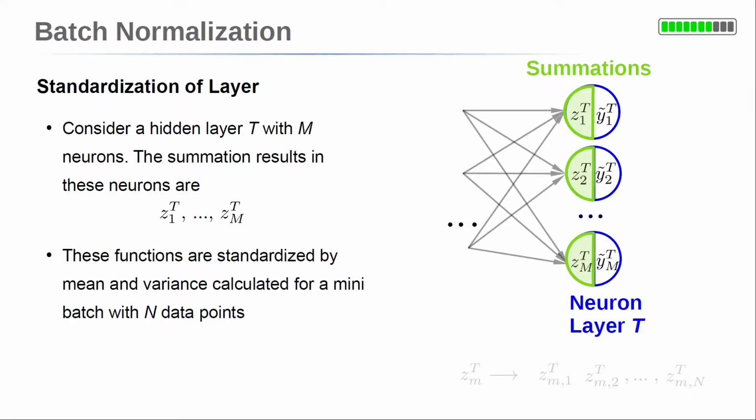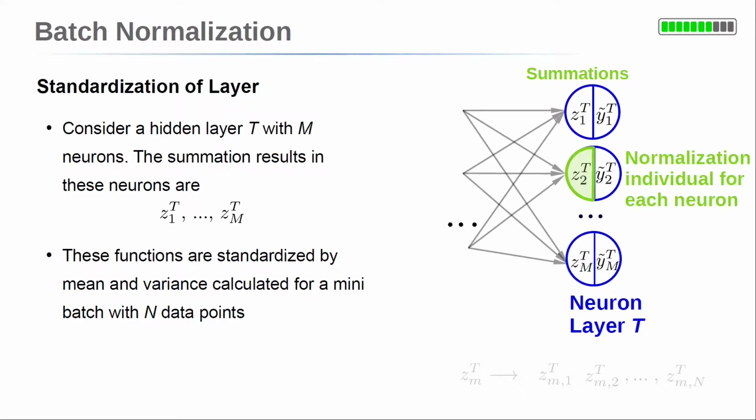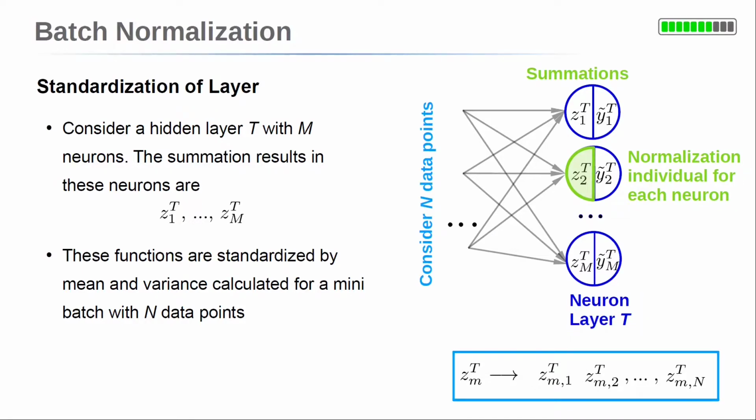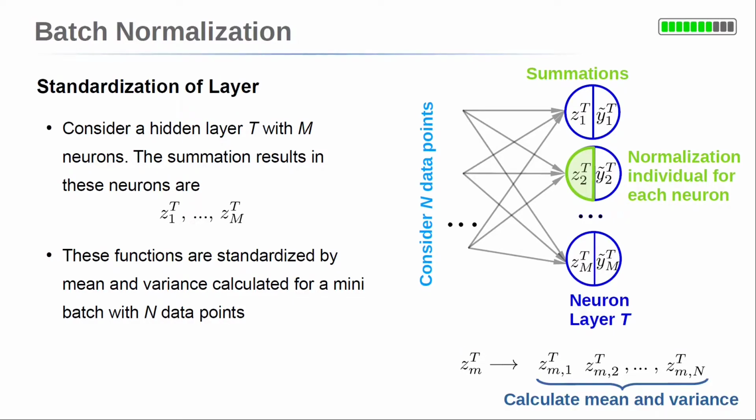So each of the layer's neurons performs a summation denoted by Z1 up to Z capital M. These summation functions are normalized individually. The mean and variance for one of the neurons M is calculated for a mini batch of capital N data points. So for capital N data points, the summations in the neural network are calculated across all layers.